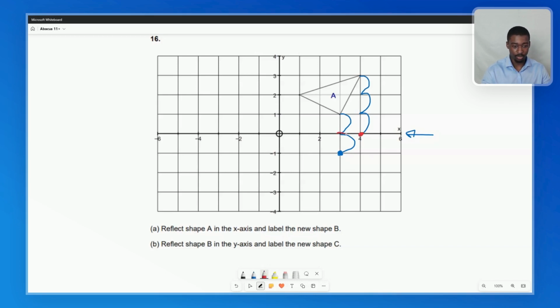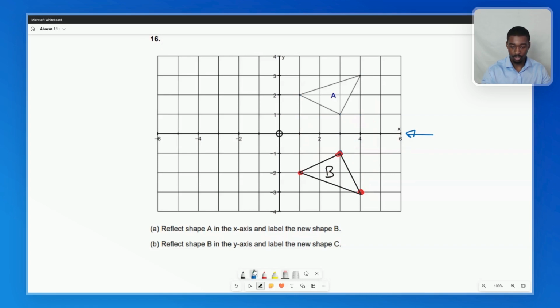In our new area, same thing. 1, 2, 3. Next point. Here, we are 1, 2 away from the line of reflection. So again, 1, 2. Here's our new point. And once we connect them, we have our new reflected shape. And we call this new shape B.